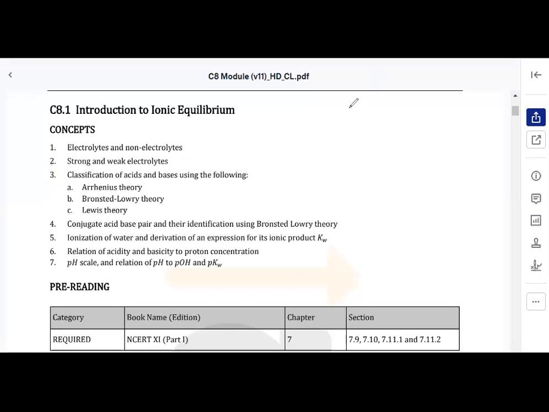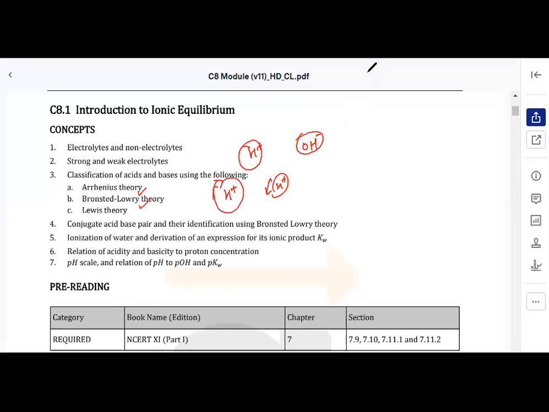Now I hope all of you remember the concept of Lewis theory. What is a Lewis acid? What is a Lewis base? When we talk about Arrhenius, it was H plus and OH minus. When we talk about Bronsted-Lowry, it was just H plus. If you remove H plus, it will be an acid. If you gain H plus, it will be a base.